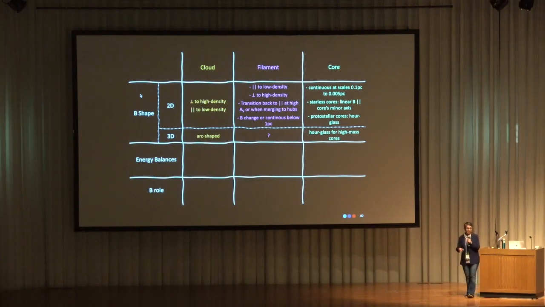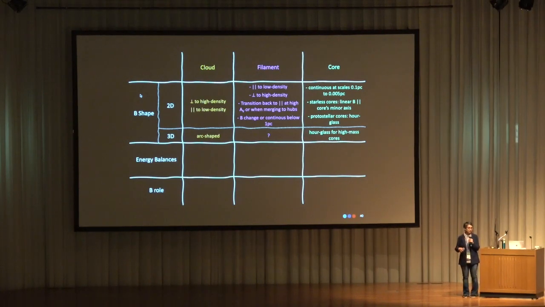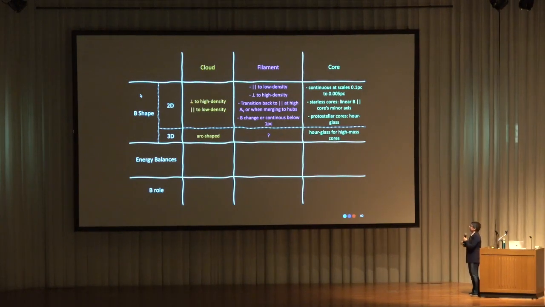For filament scales, the same perpendicular and parallel, depending on the density, is observed, and a transition back to parallel is also observed, depending on the density or at the location where the filaments are merging to a hub system. For cores, as Kate mentioned, magnetic fields tend to be parallel to the minor axis of cores for starless cores, and to be hourglass morphology for high massive cores.